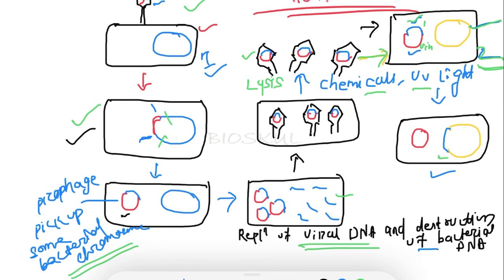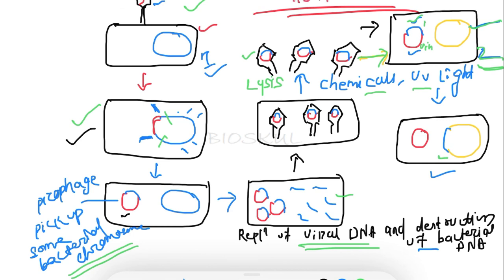In generalized transduction, any portion of the bacterial chromosome, maybe this side, maybe here, is transferred to another bacteria. But in specialized transduction, only the portion of the bacterial region that is present near the site of integration will be transferred to the second bacteria via bacteriophage.